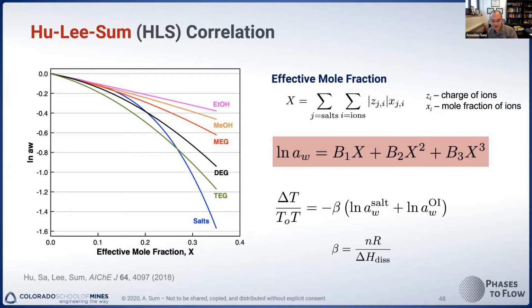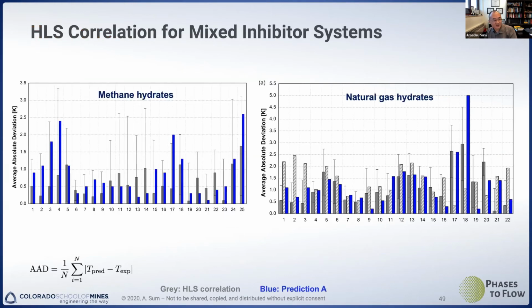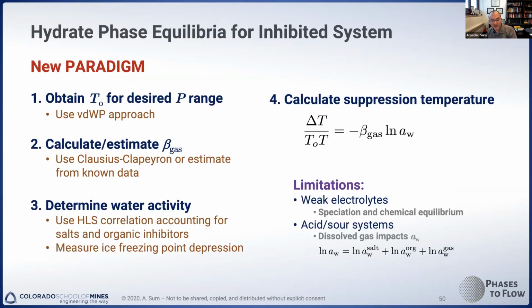And using this, we can get a very nice simple correlation in order to calculate the suppression temperature based just on the contributions of the salt in the water activity or the organic inhibitor in the water activity. All right. And so let me skip this for the sake of time.